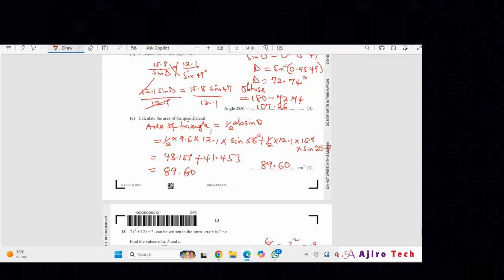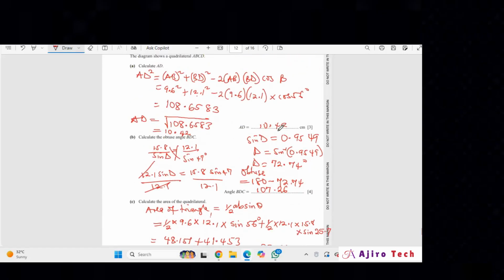How did you get this sine 25.7? Yeah, it's an angle from the question here.